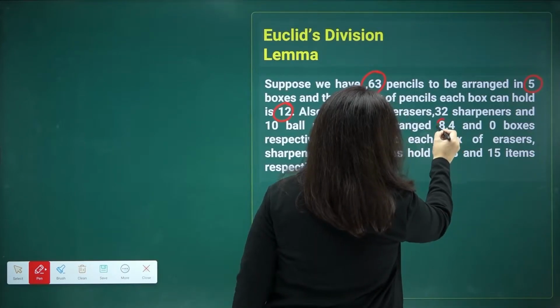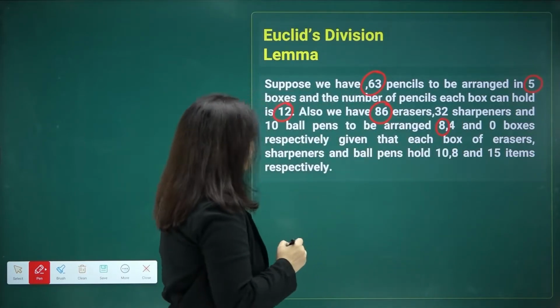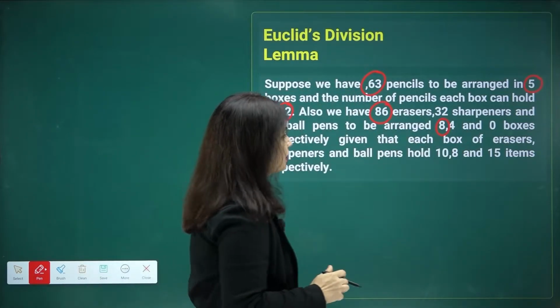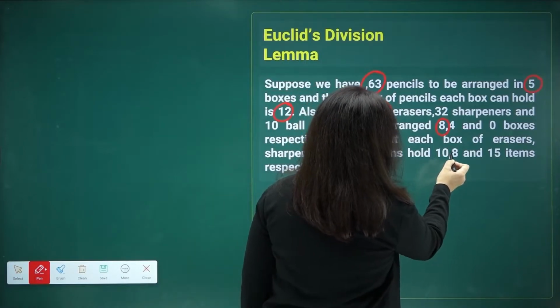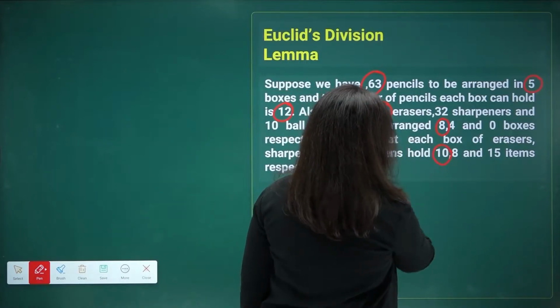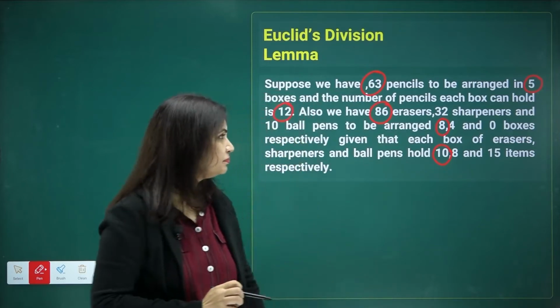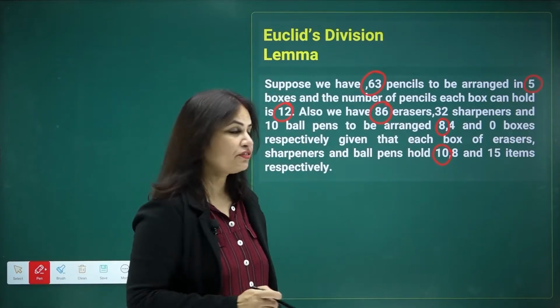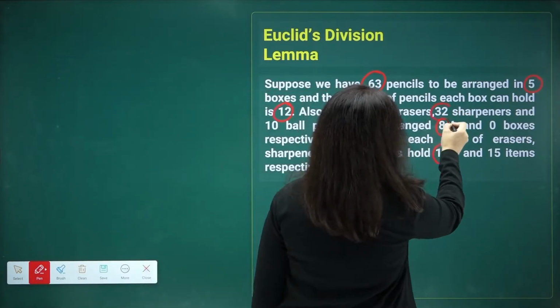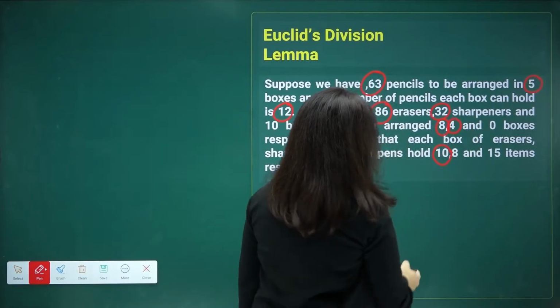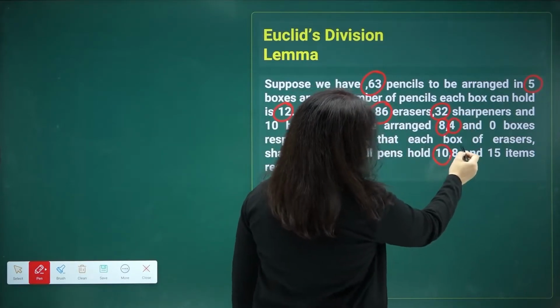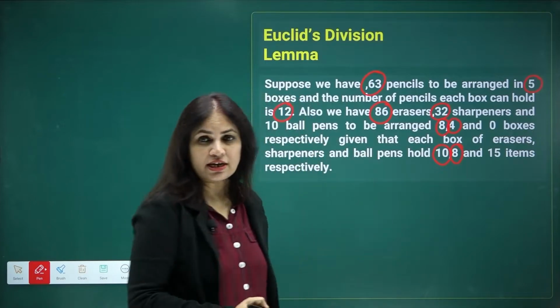So, 86 erasers to be arranged in 8 boxes, and the capacity of each box is holding 10 items. Similarly, we have 32 sharpeners to be arranged in 4 boxes, and the capacity of each box is 8.